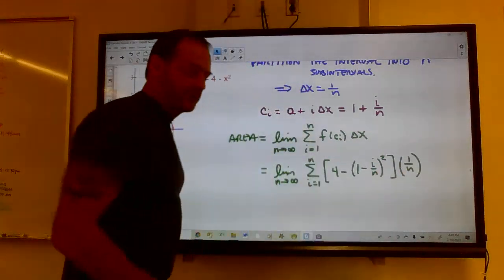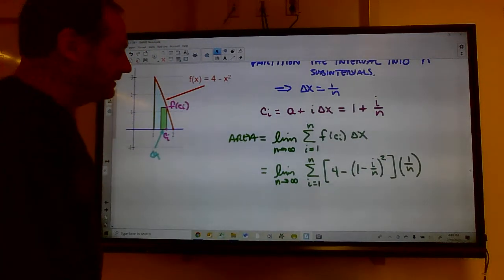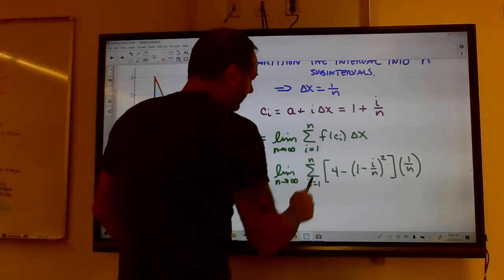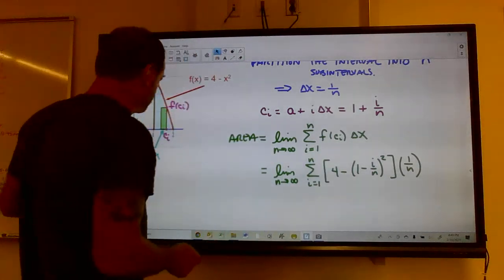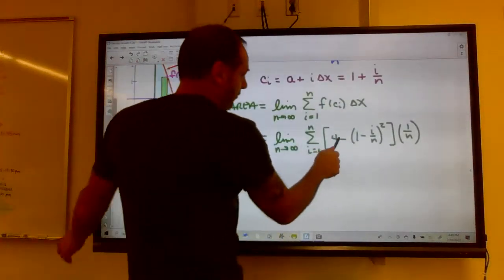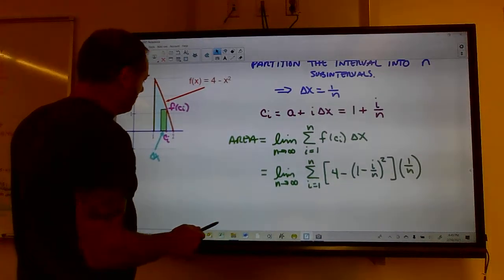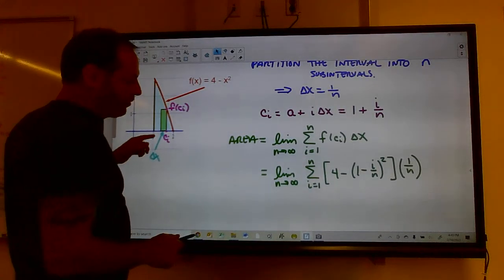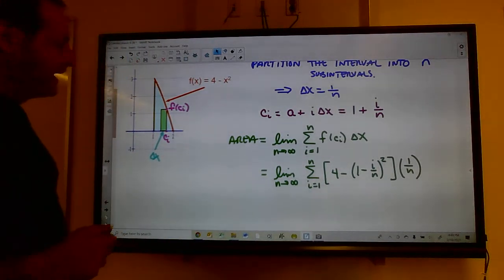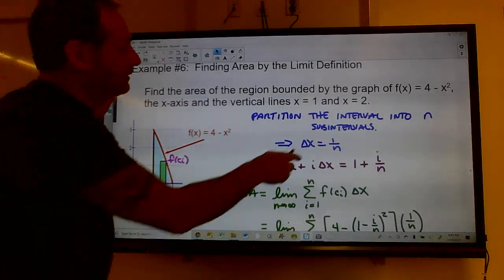That was easy because we just took the distance 1 and divided by n. For f of c, we substitute the c sub i's into this formula, 4 minus x squared. So this is 4 minus x squared right here, and my first one is going to be 1 plus i over n, squared because it's x squared.